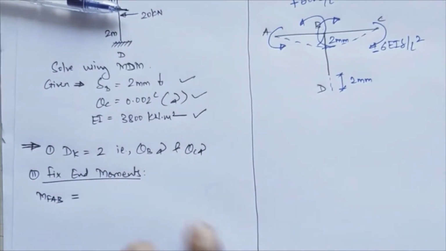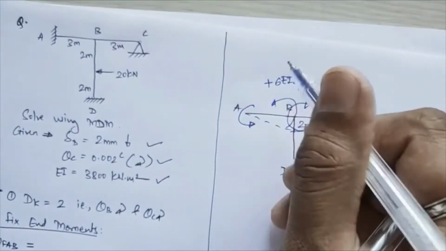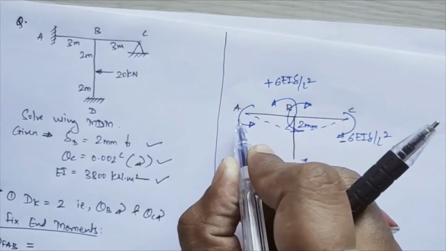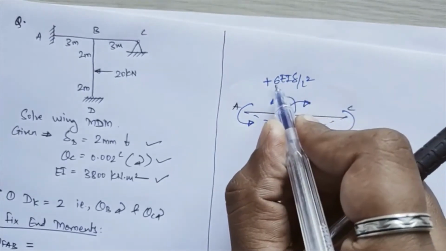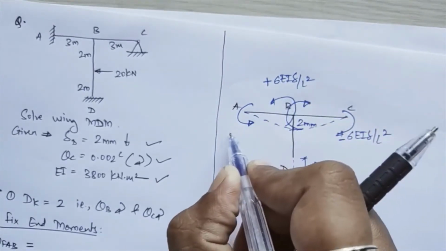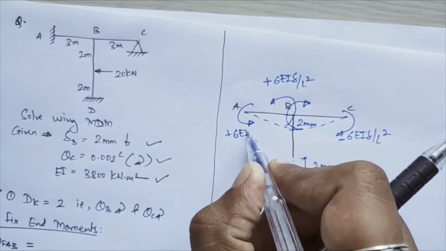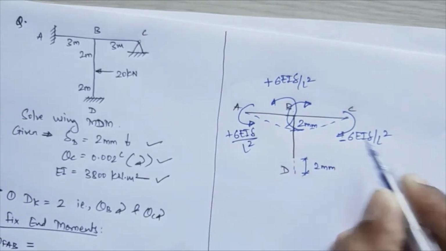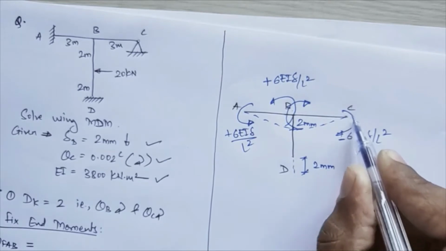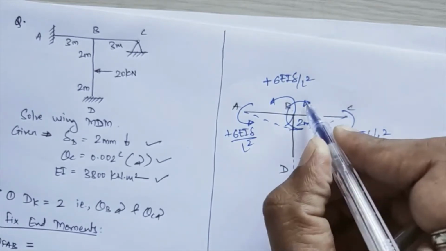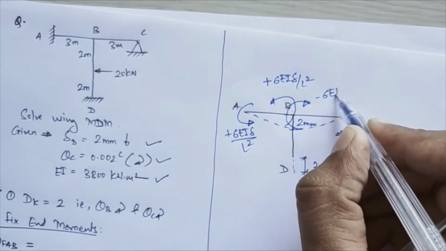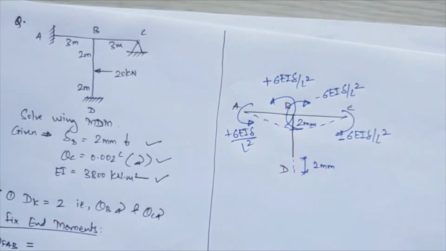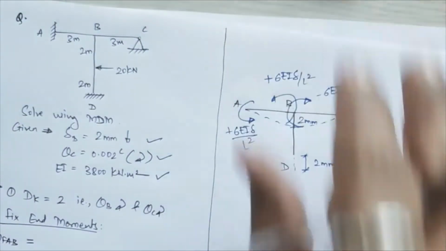Whatever rotation comes at both ends of this member, that is, 6EIδ upon L square at B, the same will come at joint A also. The same condition applies for BC: whatever comes at joint C, the same will come at B also, that is 6EIδ upon L square. So you have to consider that here.